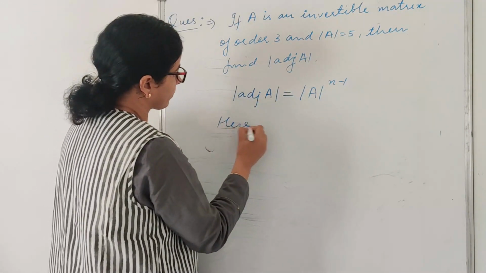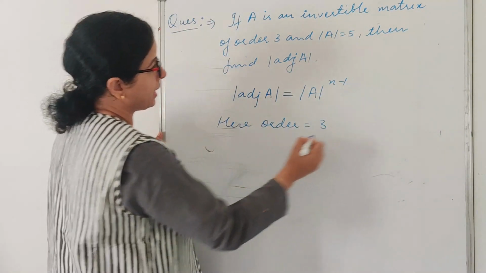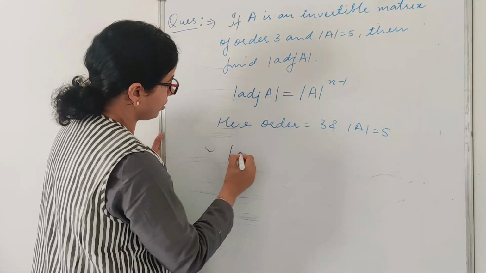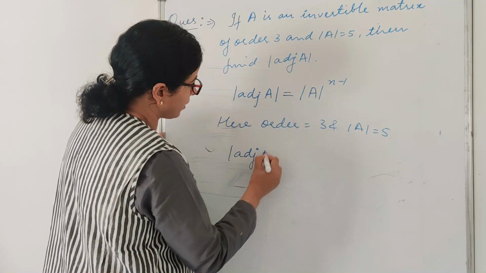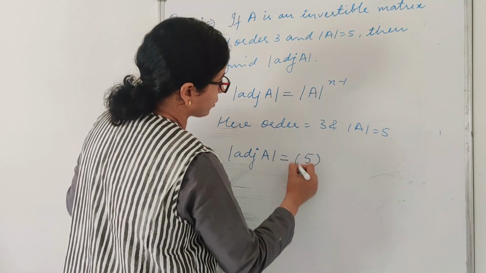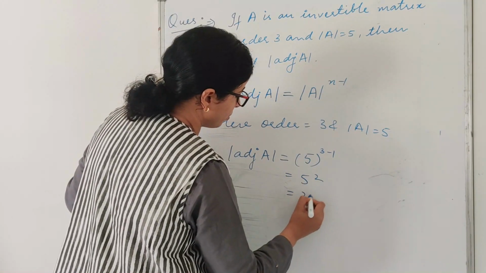Here the order is 3 and determinant A is 5, so determinant of adjoint A will be equal to 5 raised to the power 3 minus 1, means 5 square, which is equal to 25.